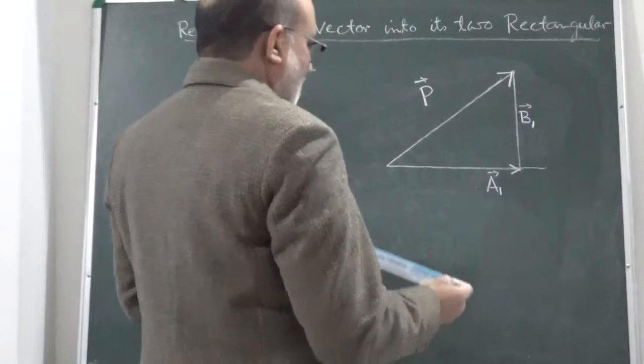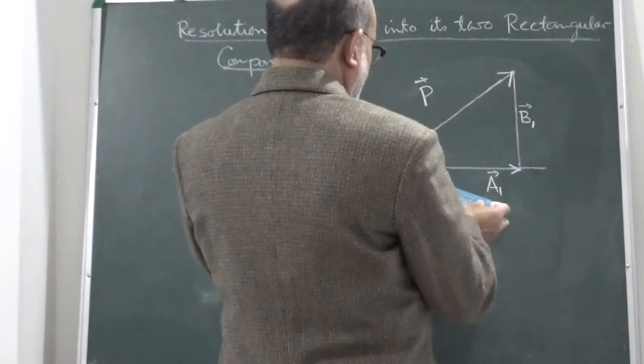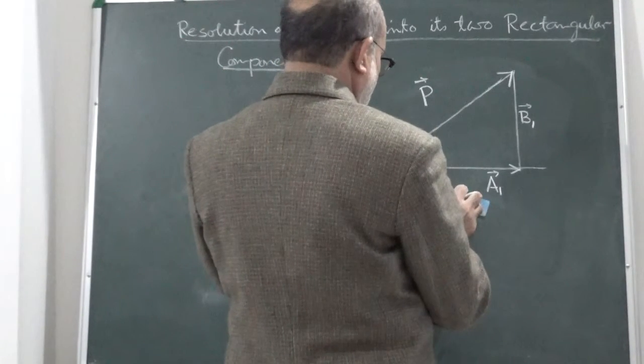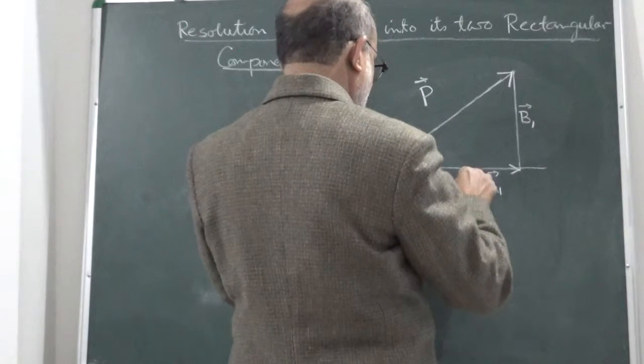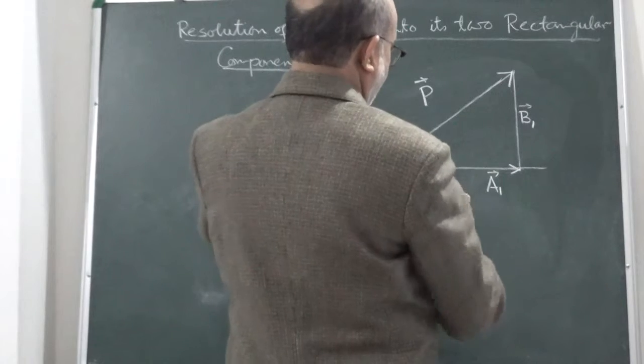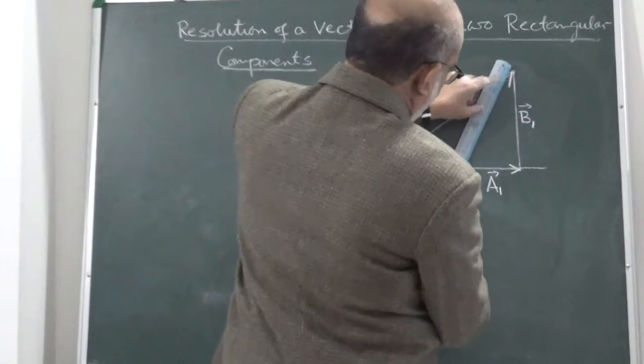Now you can take another rectangular components also. Suppose there is another vector here, and draw perpendicular on this.